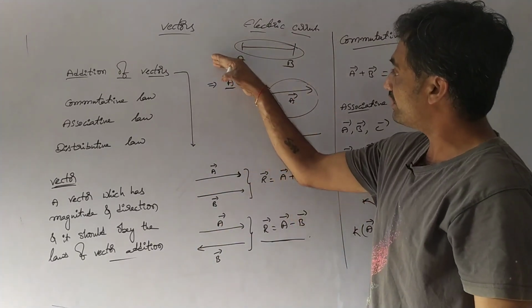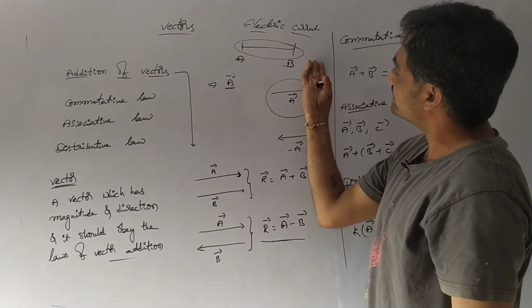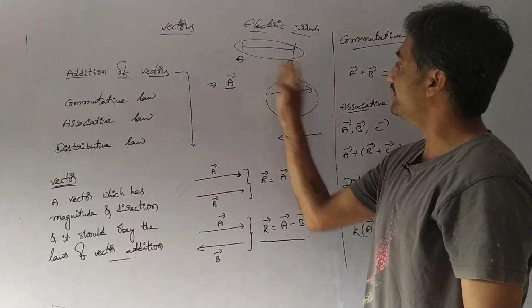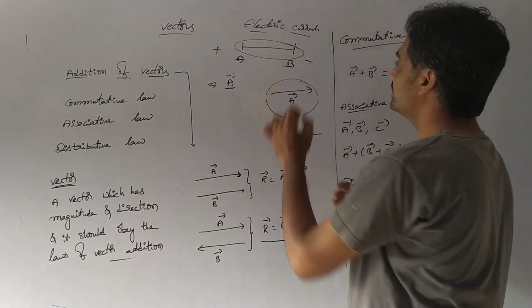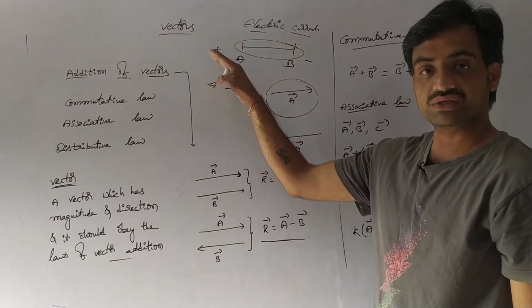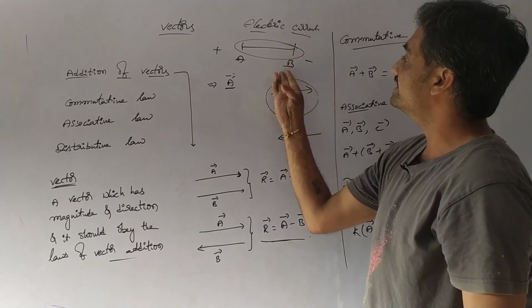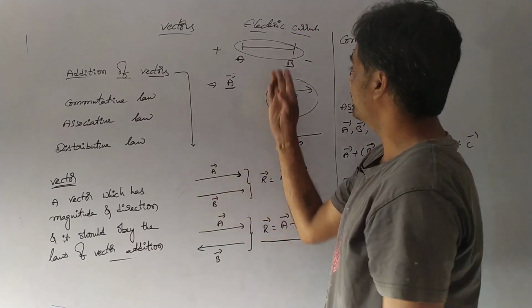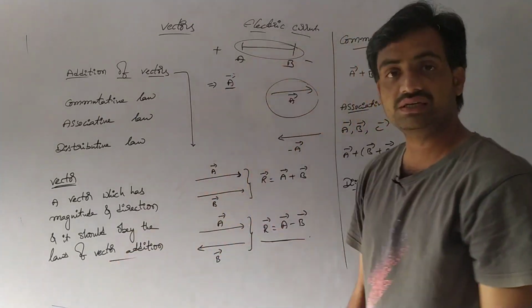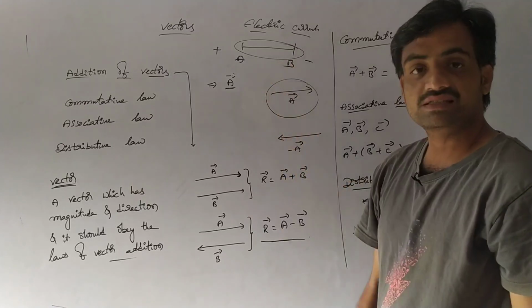But as you observe, we cannot pass the current in reverse direction from B to A, directly connecting it from positive to negative. Based on that, we can say that electric current is a scalar quantity. It is not a vector quantity. Why? Because it does not obey the laws of vector addition.